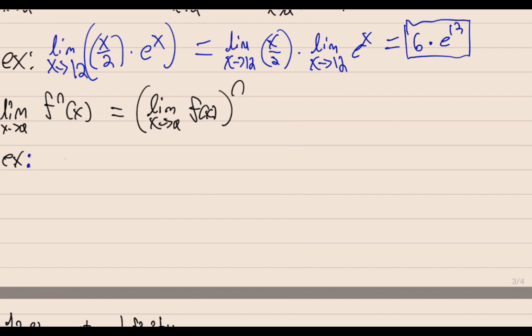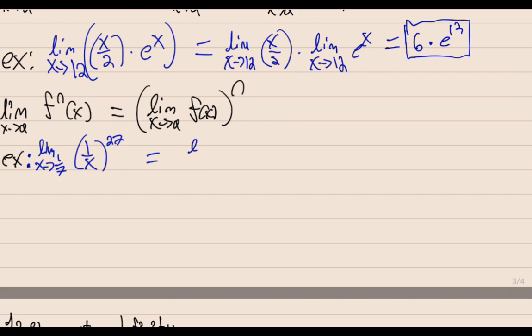So let's look at an example. Let's look at 1 over x to the 27, and let's take the limit as x goes to 1/7. Using our nice little exponent property, we can separate this.